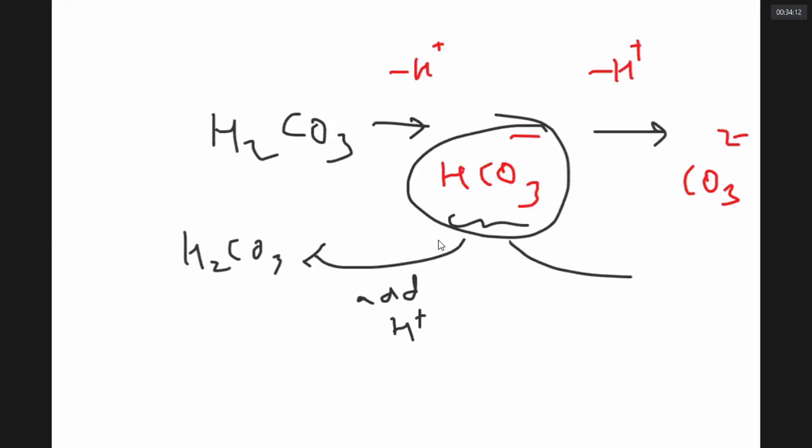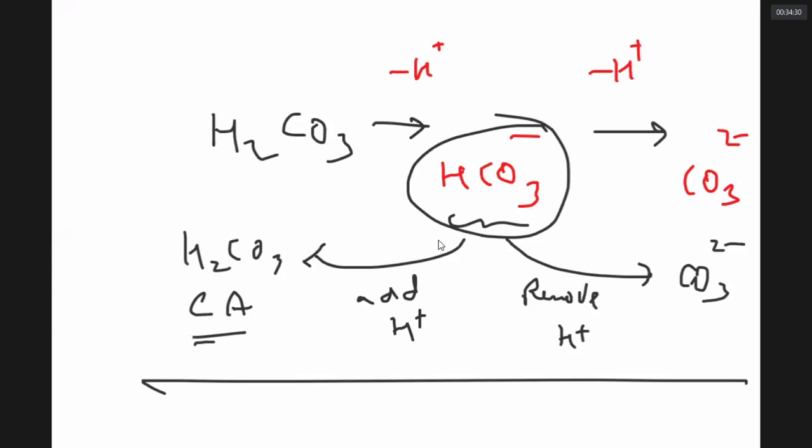To get a conjugate acid, you add H plus. To get a conjugate base, remove H plus. That is the rule I think you can remember. Always you can add H plus to get a conjugate acid. Always you can remove H plus to get a conjugate base.